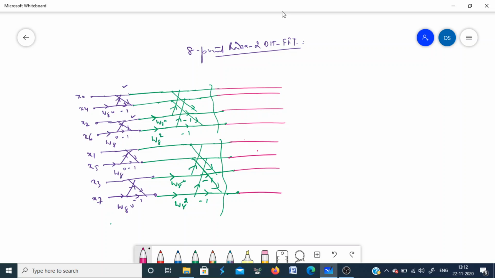And how do you do that? We multiply this with w to the power 0, w to the power 1, w to the power 2, w to the power 3, and then add with the upper branches.